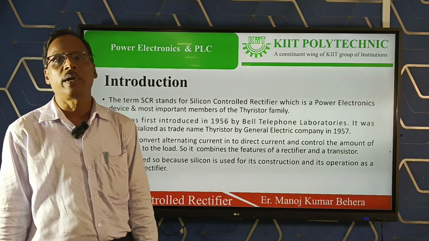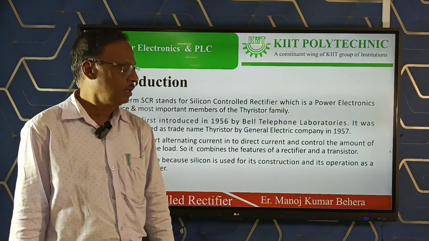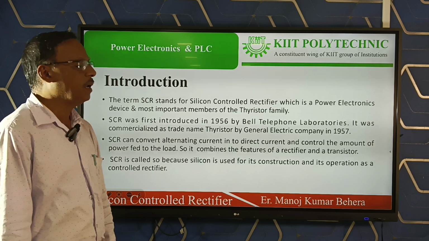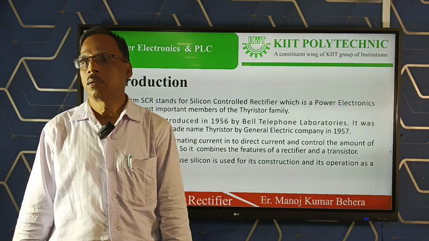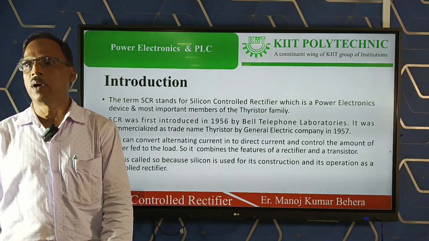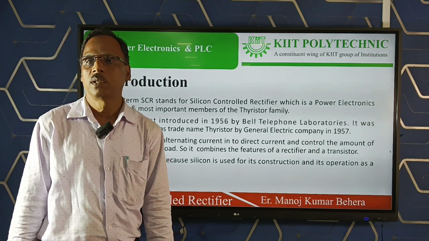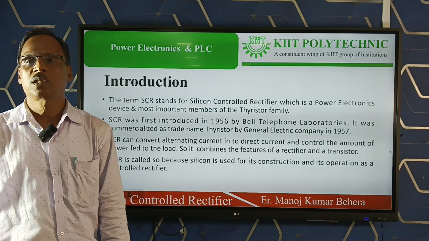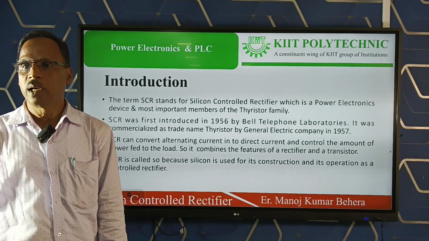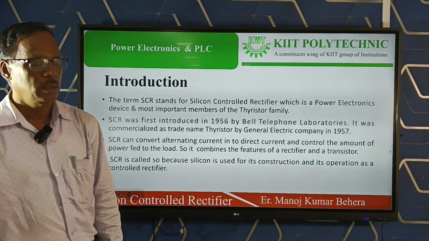It is the most important member of the thyristor family and it can be used as a converter. It can convert AC to DC, DC to DC, and DC to AC. Most converters use the silicon controlled rectifier.